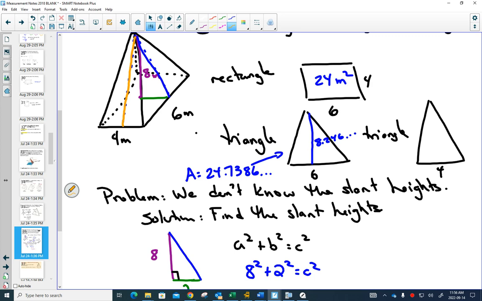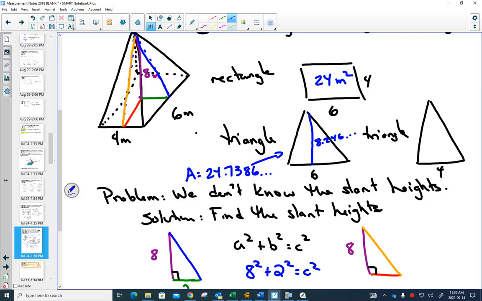Can you see that you can make another right angle triangle with the 8? I would need to add, what color haven't I used? Red. This line right here. Then I would have, my height is still 8. I have a red line here, and my slant height on that one is orange. This is 90 degrees.